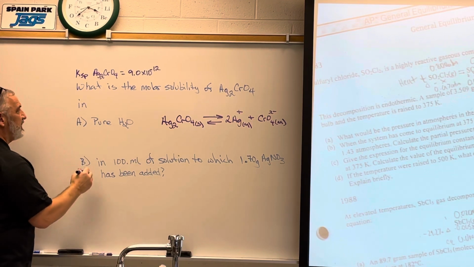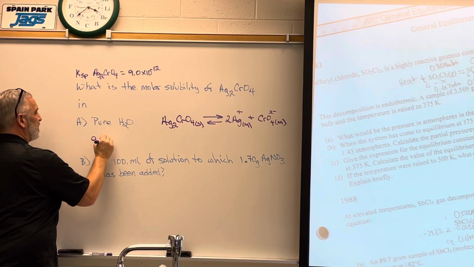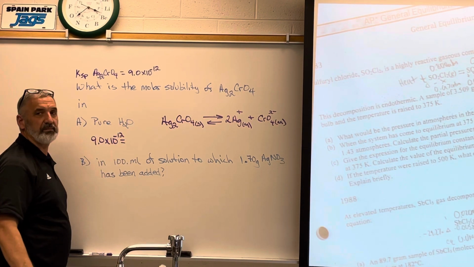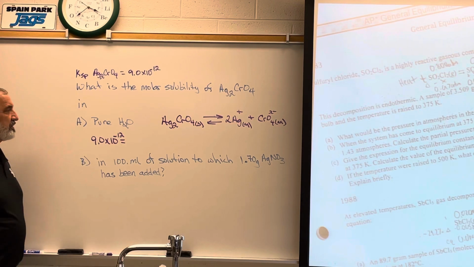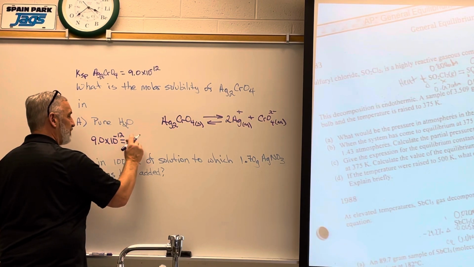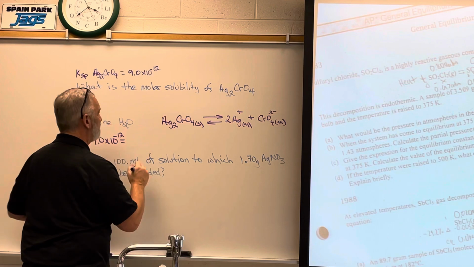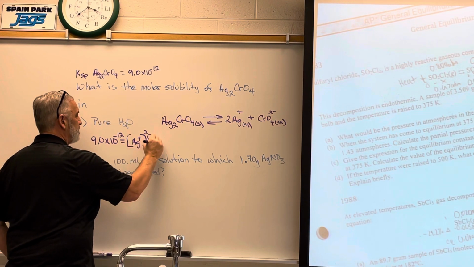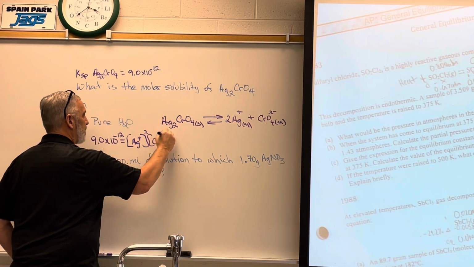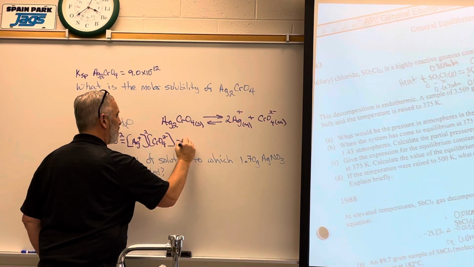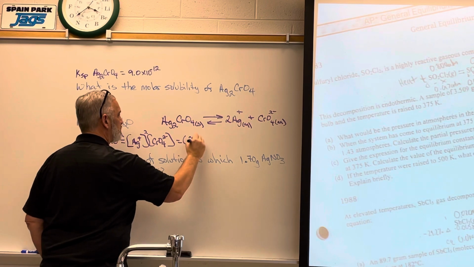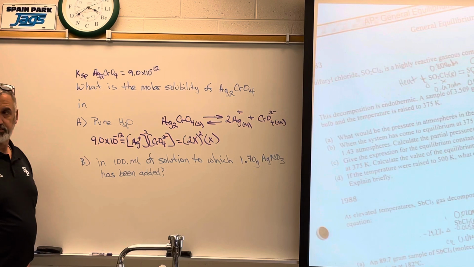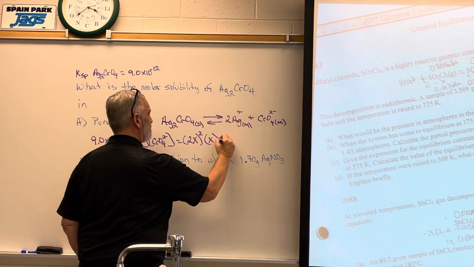So my Ksp, 9.0 times 10 to the minus 12, is going to equal Ag+ squared times CrO4 2-, which is going to equal (2x) squared times x, which is 4x cubed.